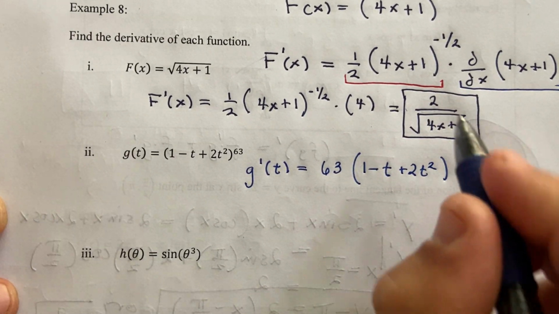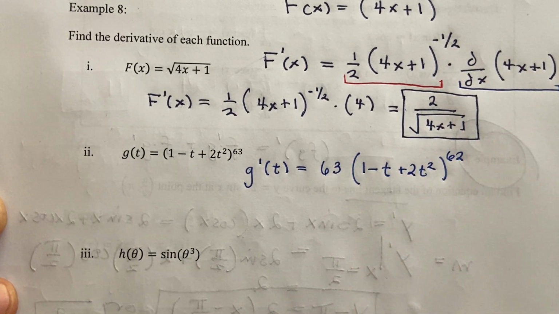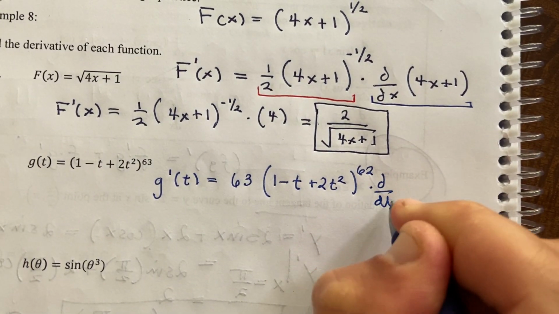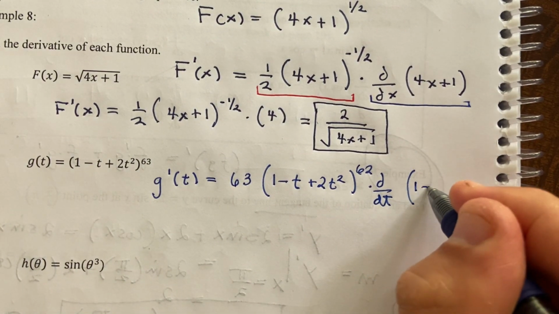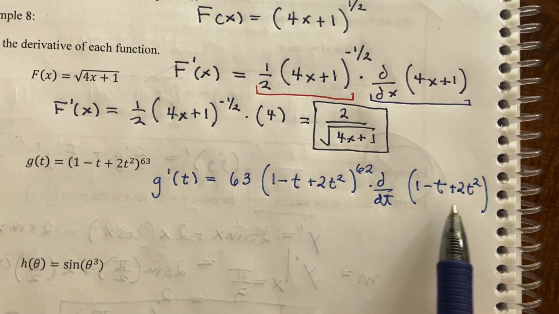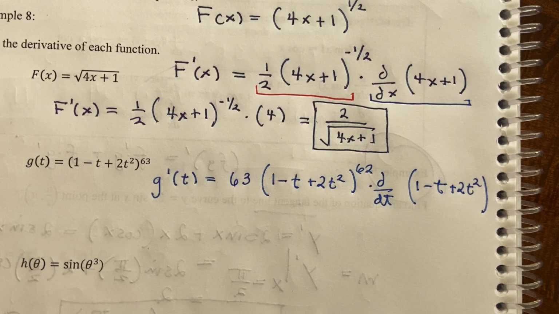as it was, reduce by 1, and then I need to multiply, in this case my variable's t, so I'll write d/dt of 1 minus t plus 2t squared. So I still need to do the derivative of this, but I'm just breaking it up into parts.